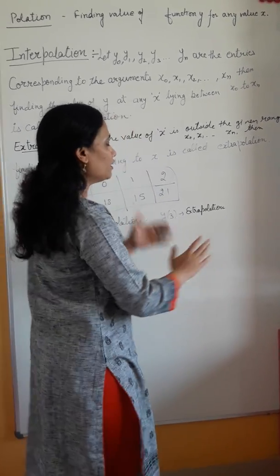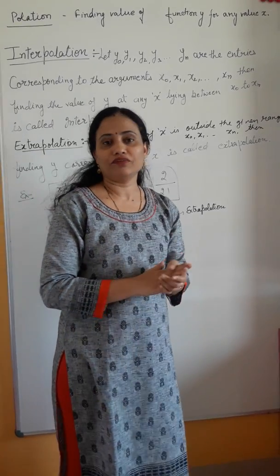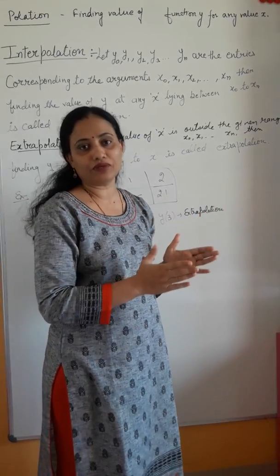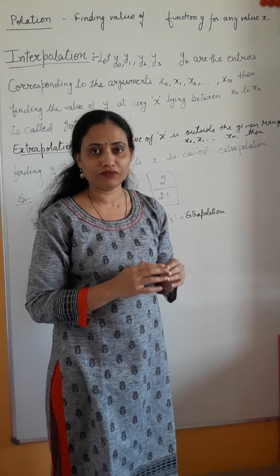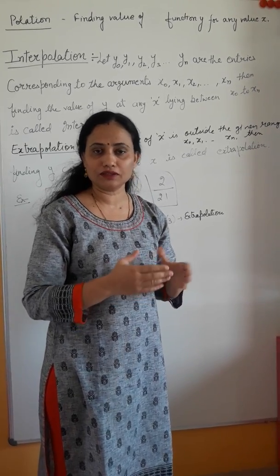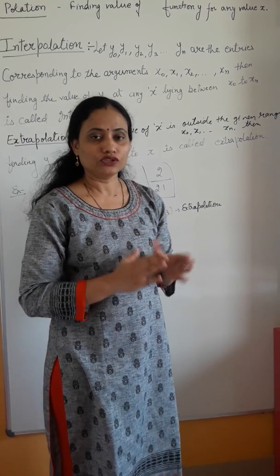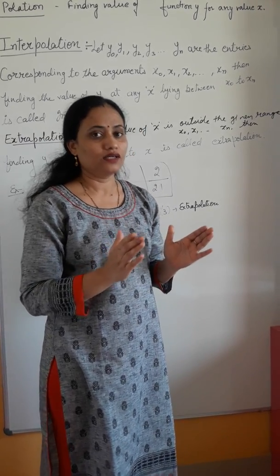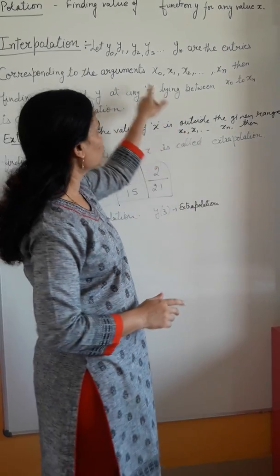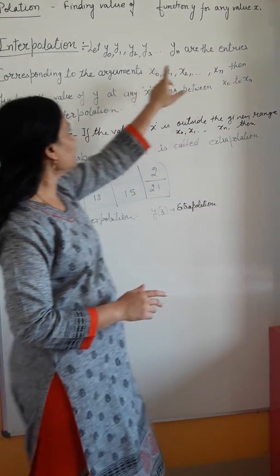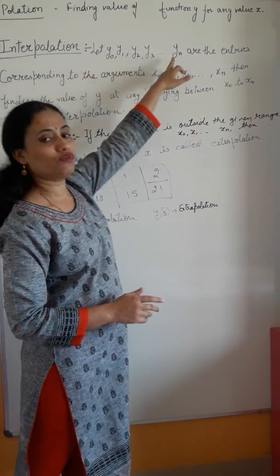Okay. So now, as in a finite difference table, we had some range. Some given data is already available with us always in numerical methods. Numerical method is based on given data or available data. So since we have some data, for some x, x0 to xn, the corresponding values are y0 to yn.